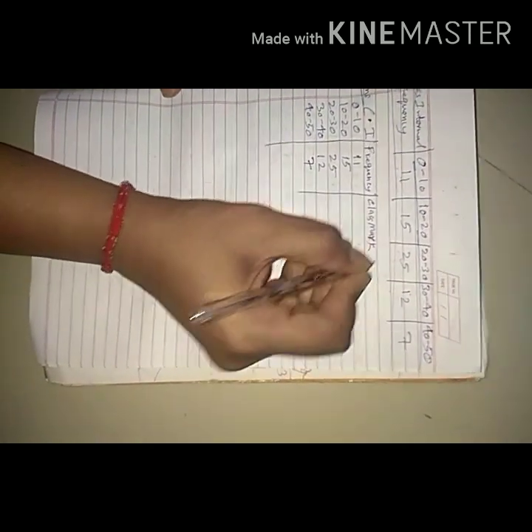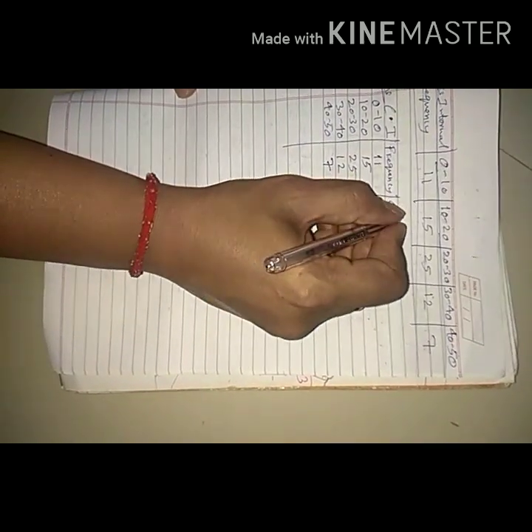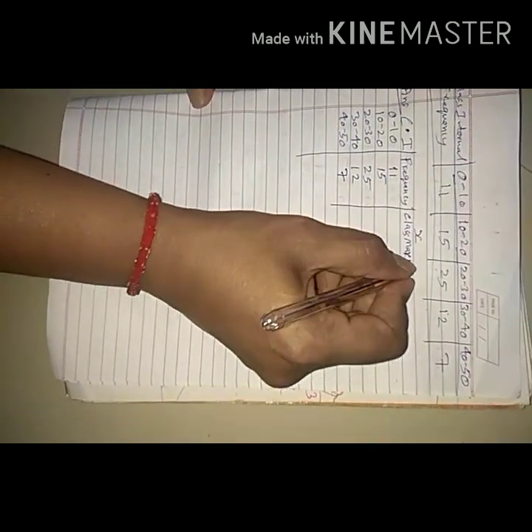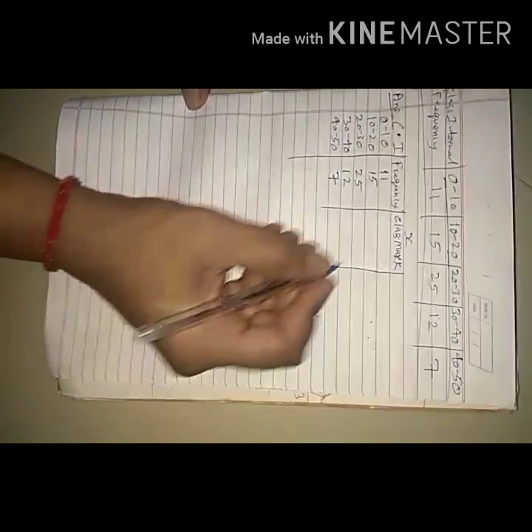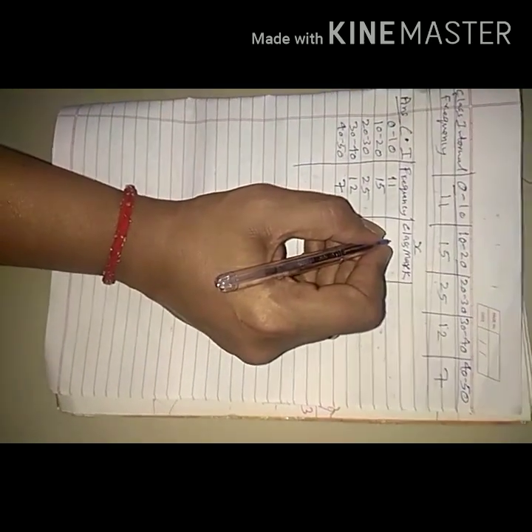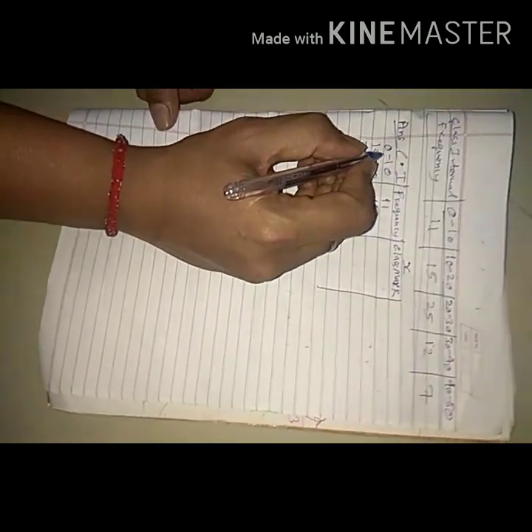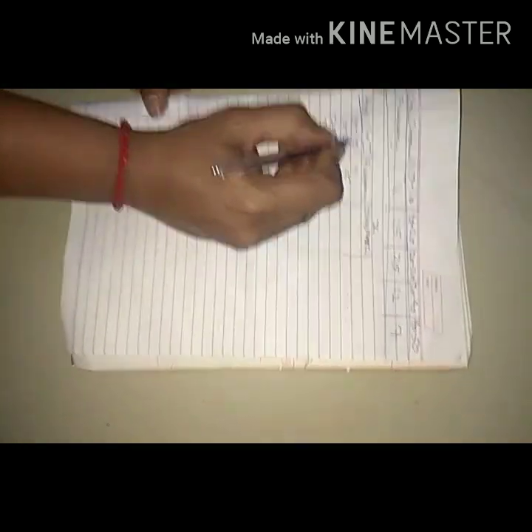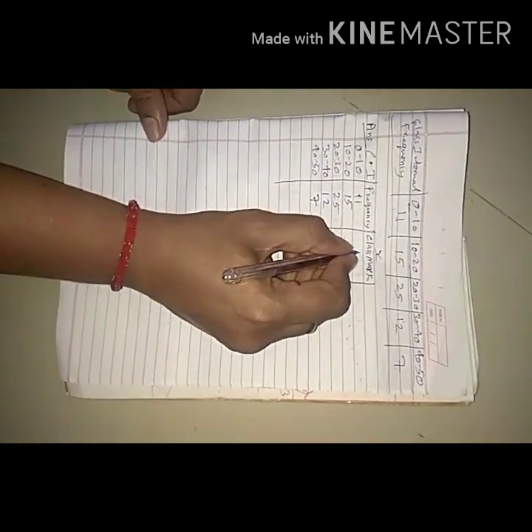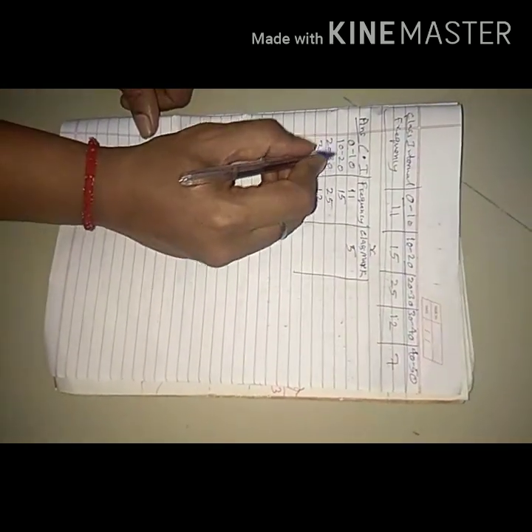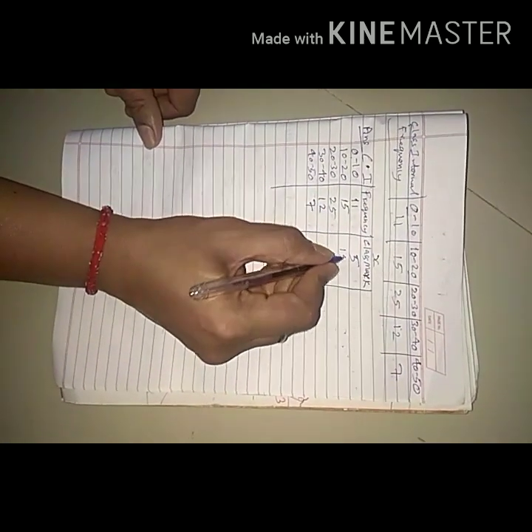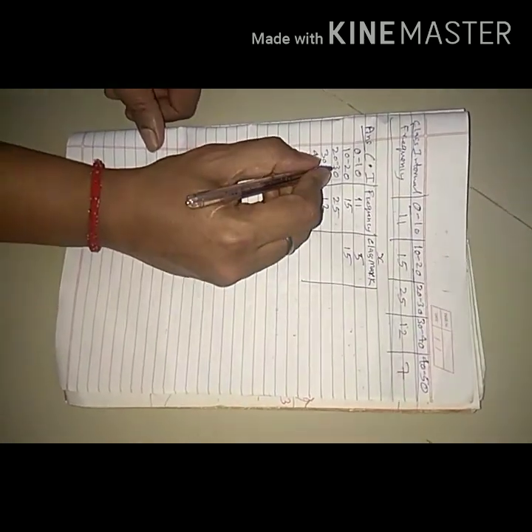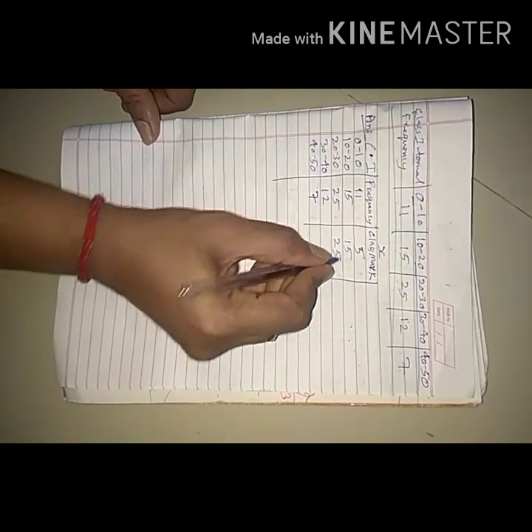Class mark. This I can write as x also. Class mark is the middle value of the class interval. For example, first class interval here is 0 to 10. Its middle value is 5. 10 to 20 middle value is 15. For 20 to 30 middle value is 25.